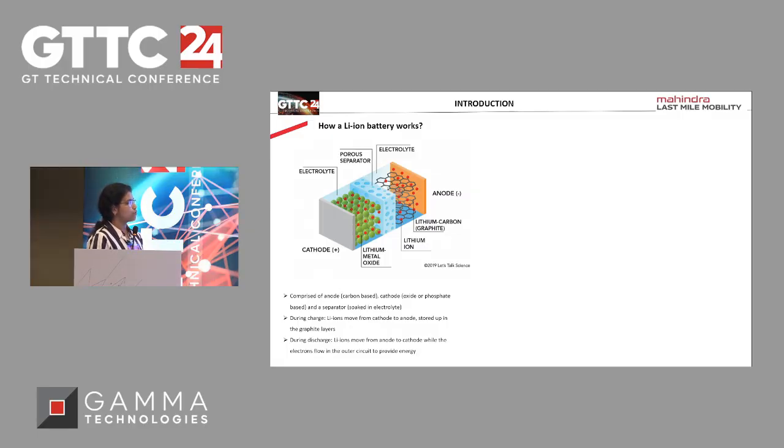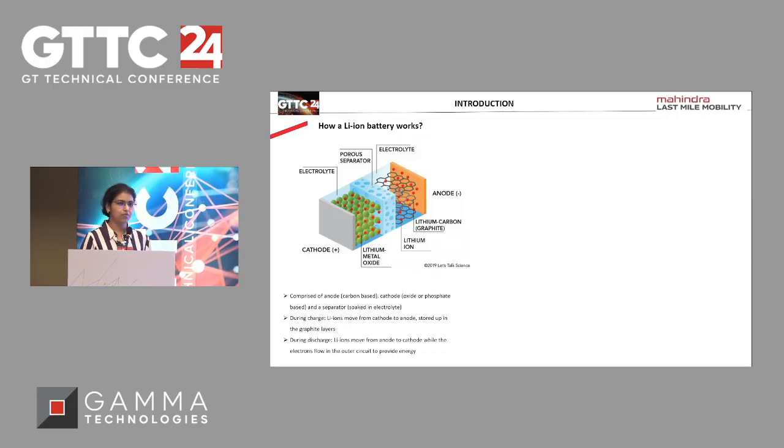So even before starting that, I would like to say that I have come from Mahindra Last Mile Mobility. We are working in Bangalore, and our unit basically looks after the small commercial vehicles, and we have our office in 3 locations in Bangalore. One is the corporate office, and the other 2 being the plant and the innovation center.